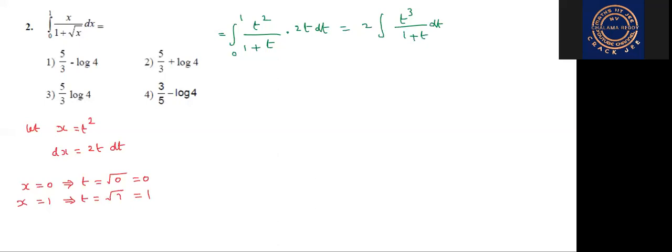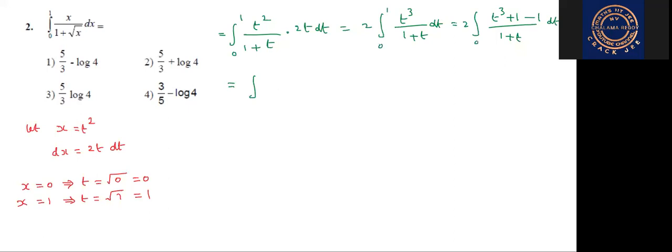This is an improper fraction. We want to do long division or follow the general method. So that is 2 times integration. In the numerator add 1 and subtract 1. Then observe what happened. T cube plus 1 is in the form of a cube plus b cube.